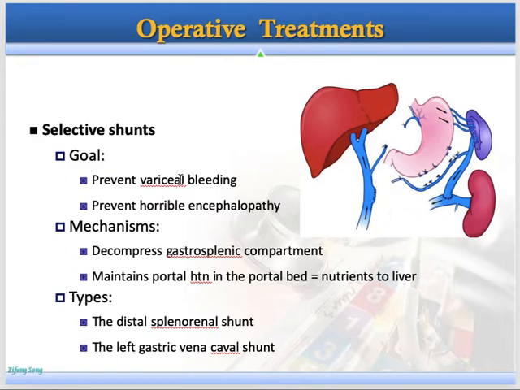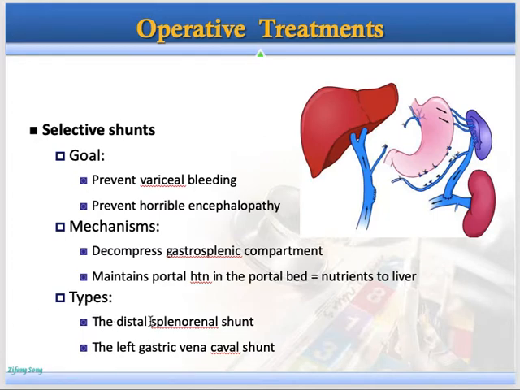Splenorenal, you can see over here, the blood from the spleen is diverted back into the kidney. Okay, and the goal is to prevent variceal bleed. Again, the same story: prevent horrible encephalopathy in this case. The mechanism is it decompresses the gastrosplenic compartment and maintains portal hypertension in the portal bed.